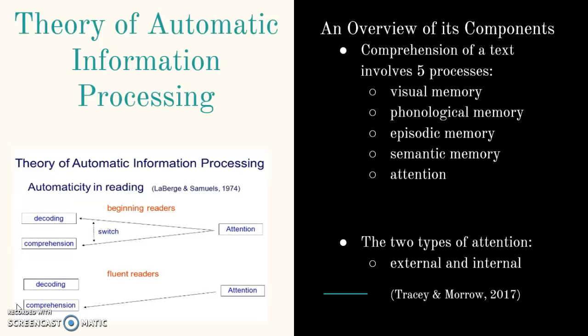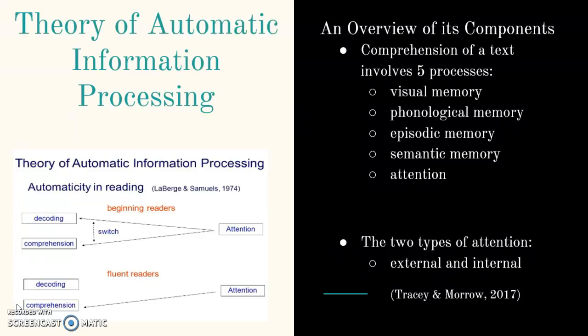Once letter recognition becomes automatic, attention is placed on the next process of reading, where information is processed, the phonological memory. It is here that sounds are attached to the visual images or letters. Following phonological memory, a text is processed in the episodic memory, and then finally the semantic memory, where the word is given meaning and stored.